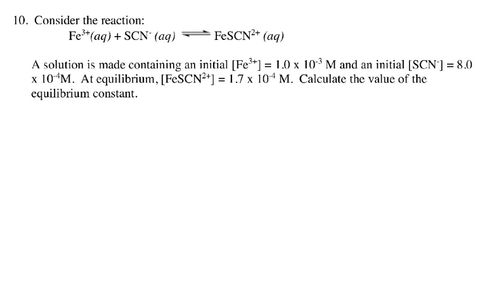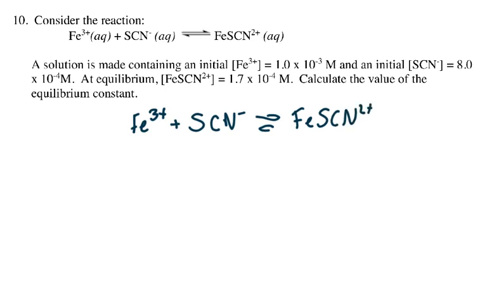So this is very similar to the last question. We have our iron 3 plus our thiocyanate in equilibrium with this complex ion. We are doing an ICE table. We are given our initial concentrations.